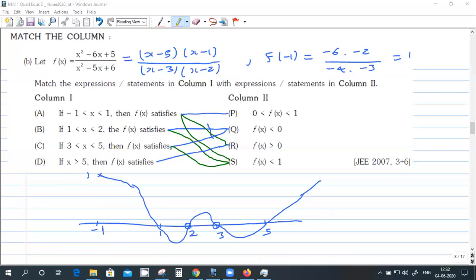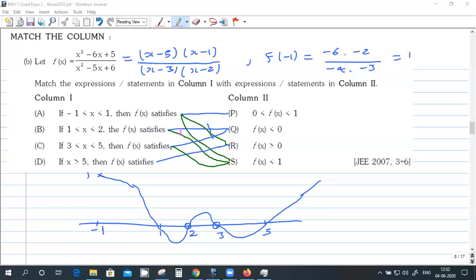Okay, so basically it's a ratio of two quadratic equations. So the AD curve method you can use. Yes, sir. Okay, sir. Got it.